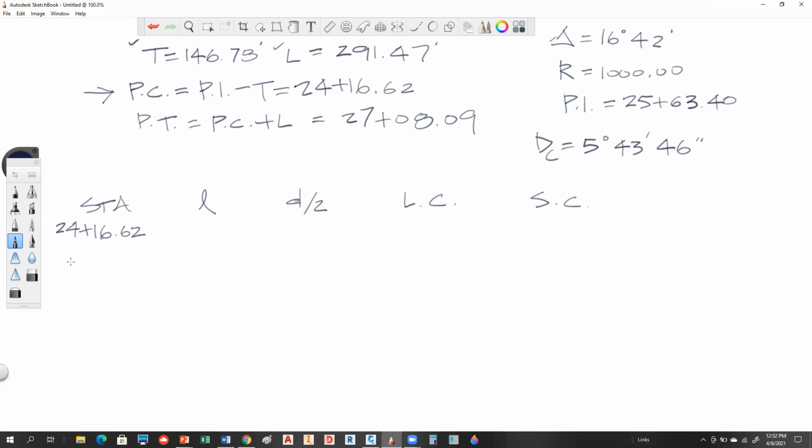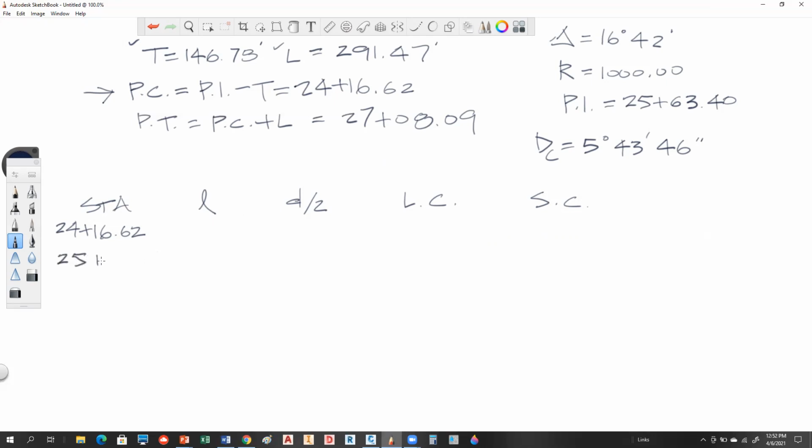It'd be 25 plus 16.62. You could do that, but that's not the way most people do it. They don't want to go to an uneven station. They want to go to a full, half, or quarter station. So the next full station would actually be 25 plus 00.